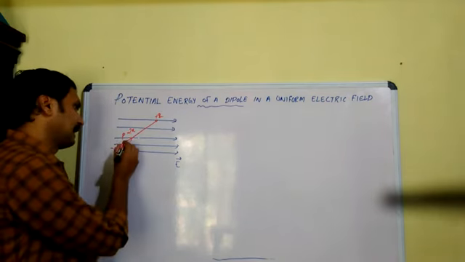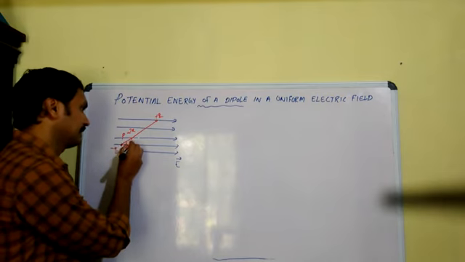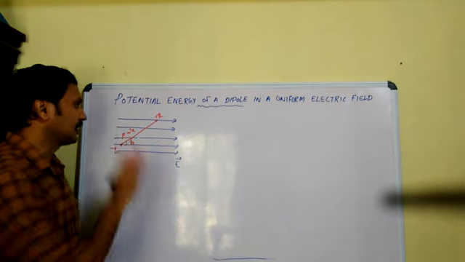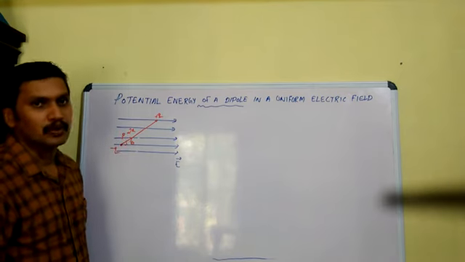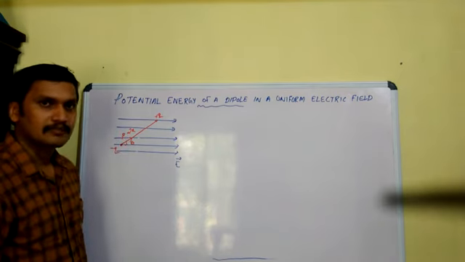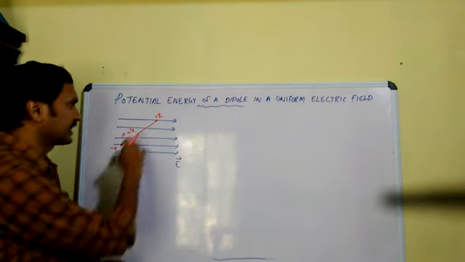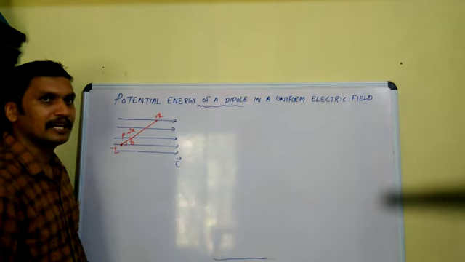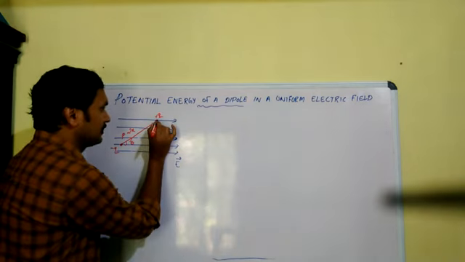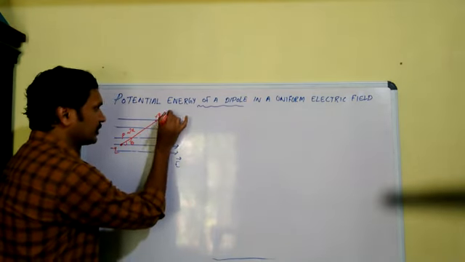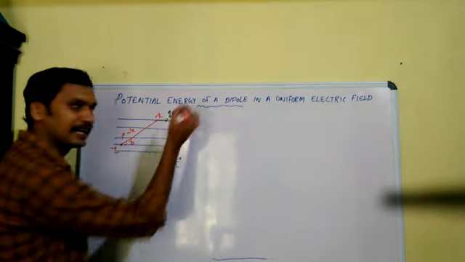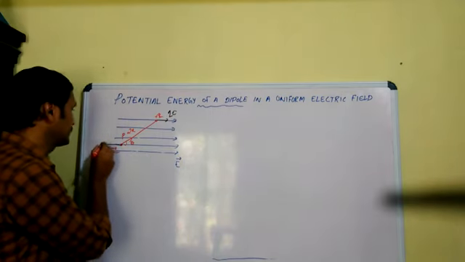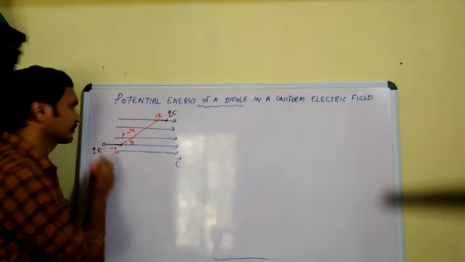The dipole is aligned in such a way that its dipole moment makes an angle theta with the direction of the uniform electric field. We know that forces are acting on the charges in this uniform electric field. This positive charge experiences a force qE towards this direction, and this negative charge experiences a force in this direction, the same qE.